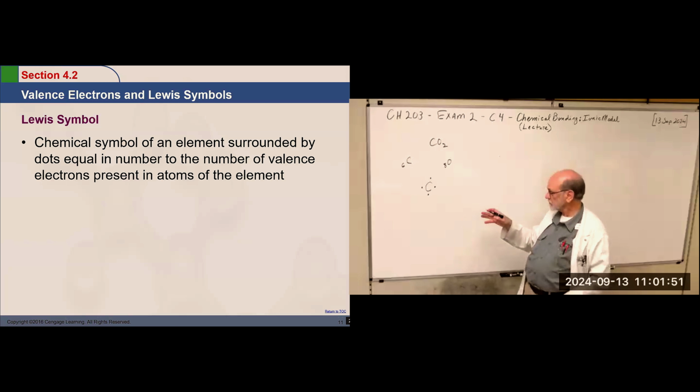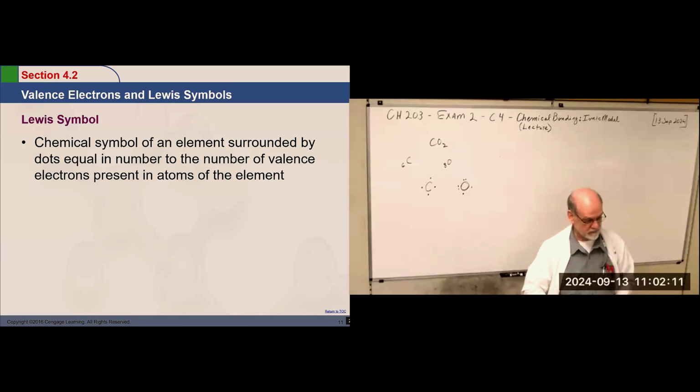Oxygen would be 2 positions to the right. Instead of 4, it would have 6. So oxygen we would write like this. 1, 2, 3, 4, 5, 6, something like that. And that's a Lewis dot structure.